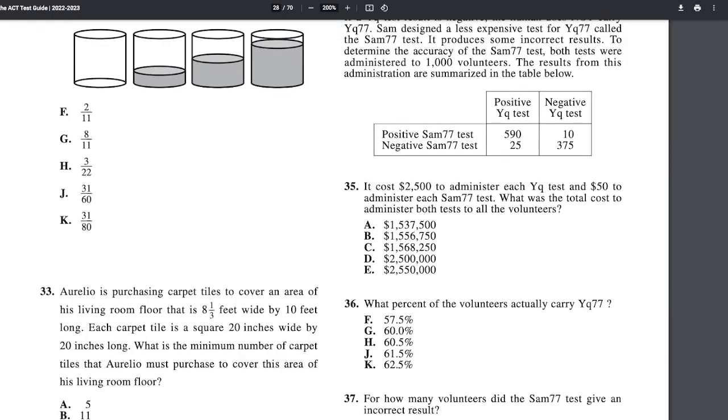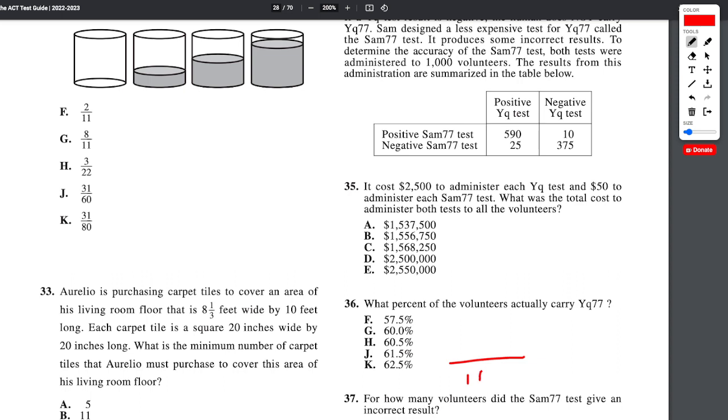What percent of volunteers actually carry the YQ77? So, how many people carry it? Well, we have 1,000 volunteers in total, as said. How many carry it? Well, first you have to go to this table. We're looking at the YQ77 table, and how many have it? They're in the positive for the YQ77 test.